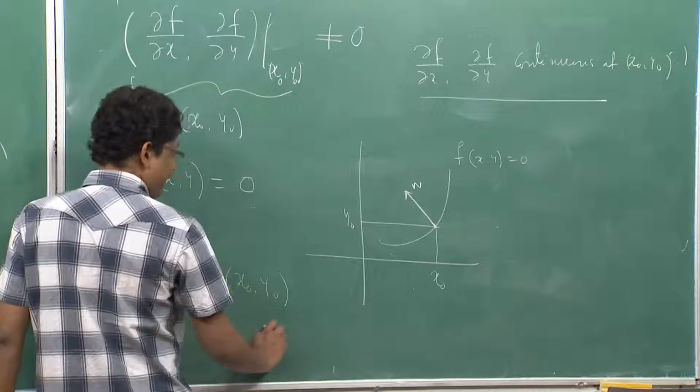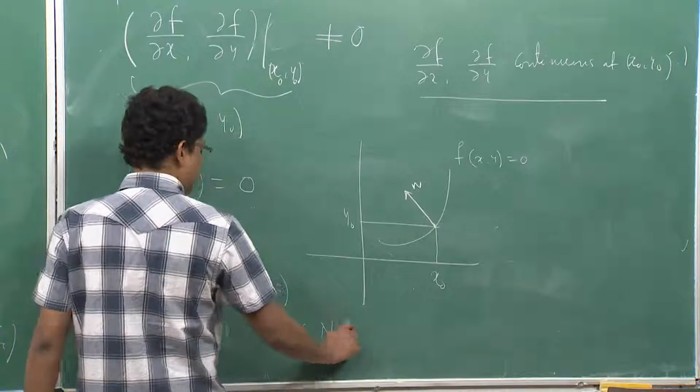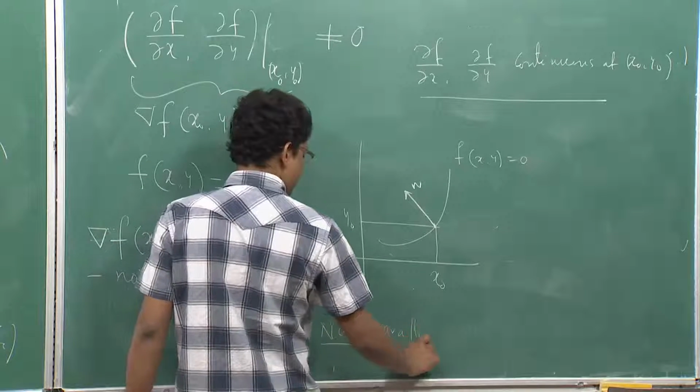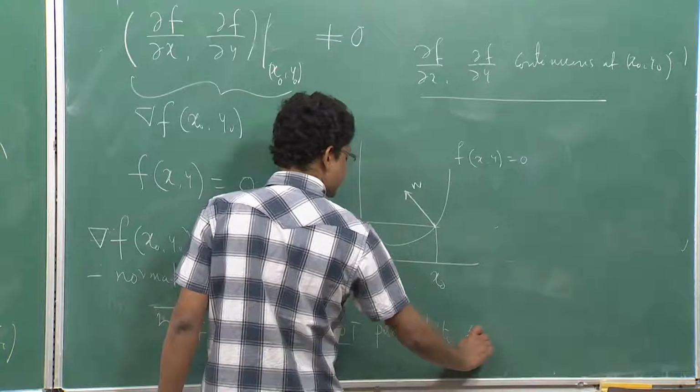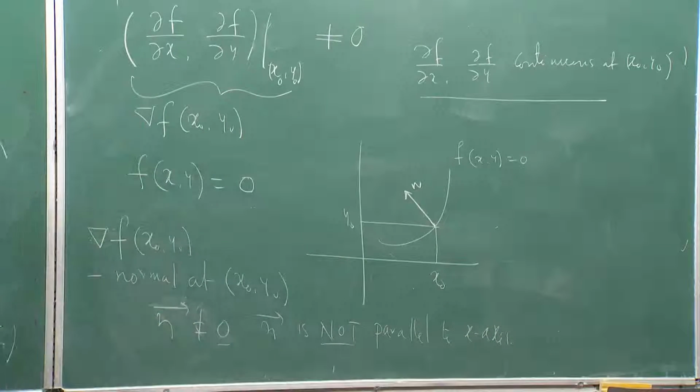Okay. So, this condition, grad f (x naught, y naught), or let us say n, not equal to 0, that is, n is not parallel to the x axis. This is geometrically the condition we are imposing, and also the normal is changing continuously. Now, if the normal is not parallel to the x axis, why do we achieve it? Forget everything else.